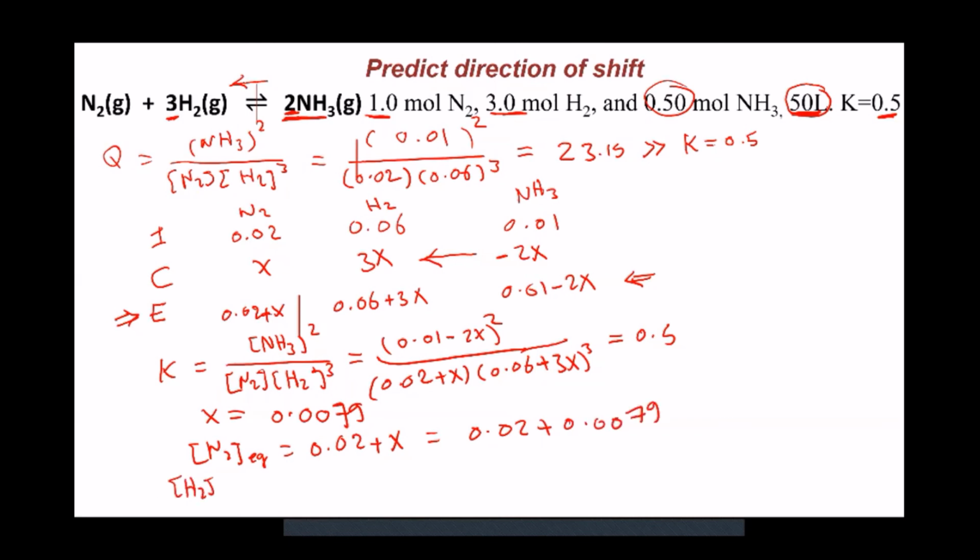Hydrogen is going to be the initial concentration plus 3x, so it equals 0.06 plus 3 times 0.0079, and so on.